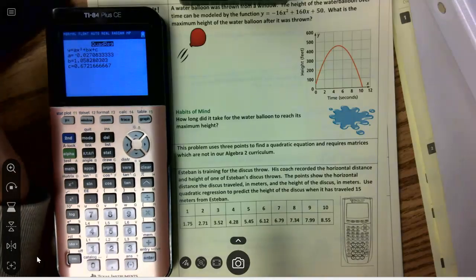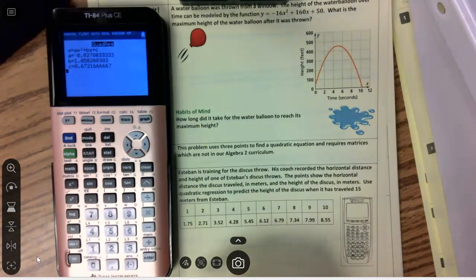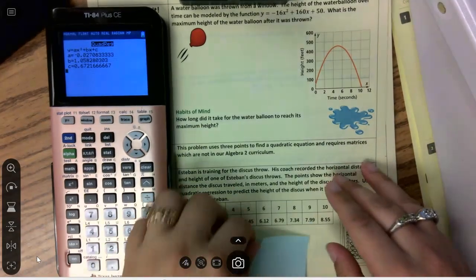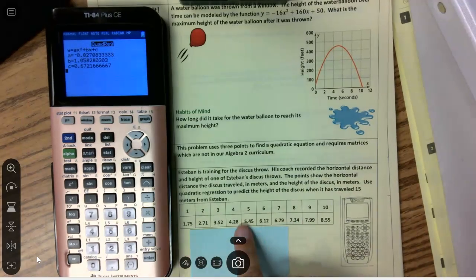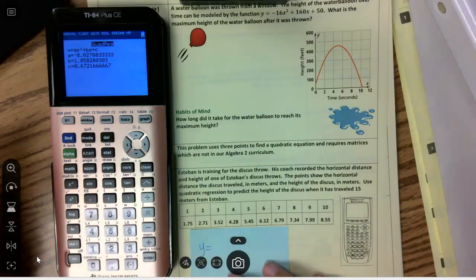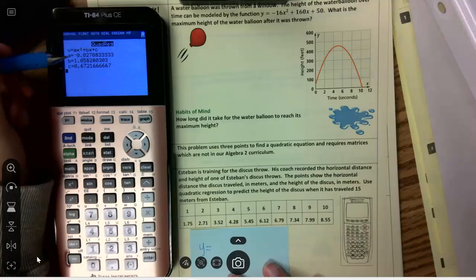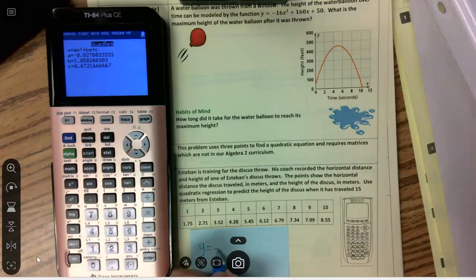What I love about this is it gives you the skeleton of your equation. There's our standard form quadratic equation, and so we can now write the equation of this data. We would say Y equals ax squared. It tells us a, so we're going to do 3 decimal places: negative 0.027 x squared.